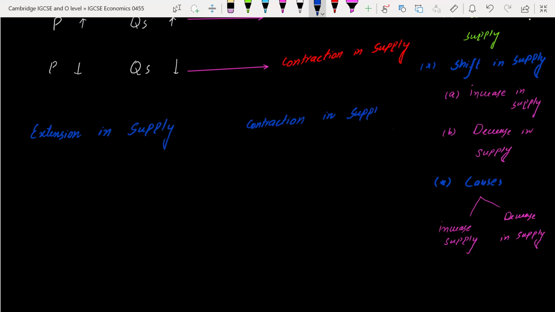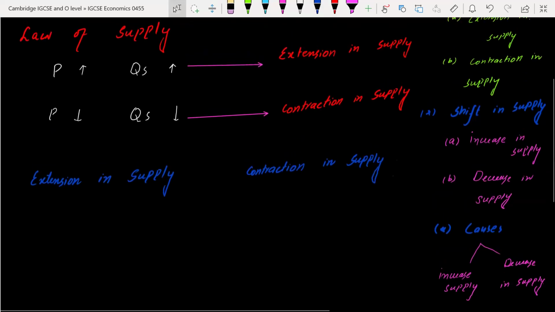We have to explain these two conditions. First, when the prices go up, the quantity supplied also increases.